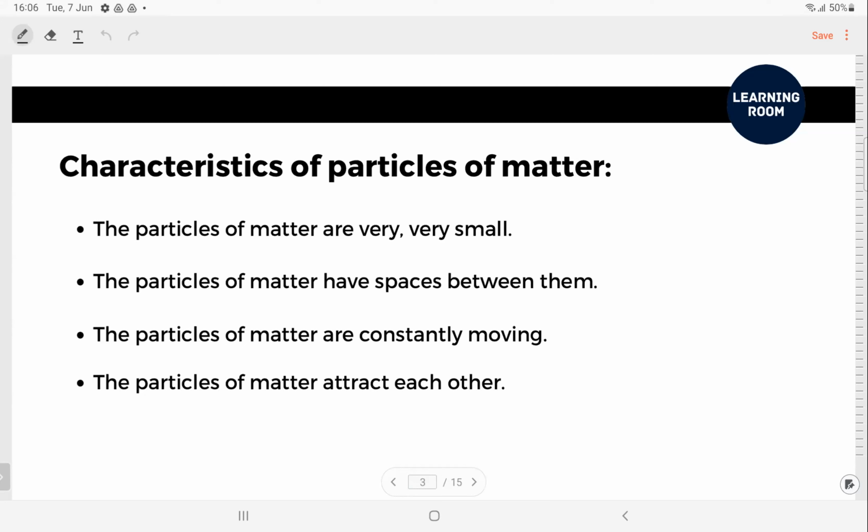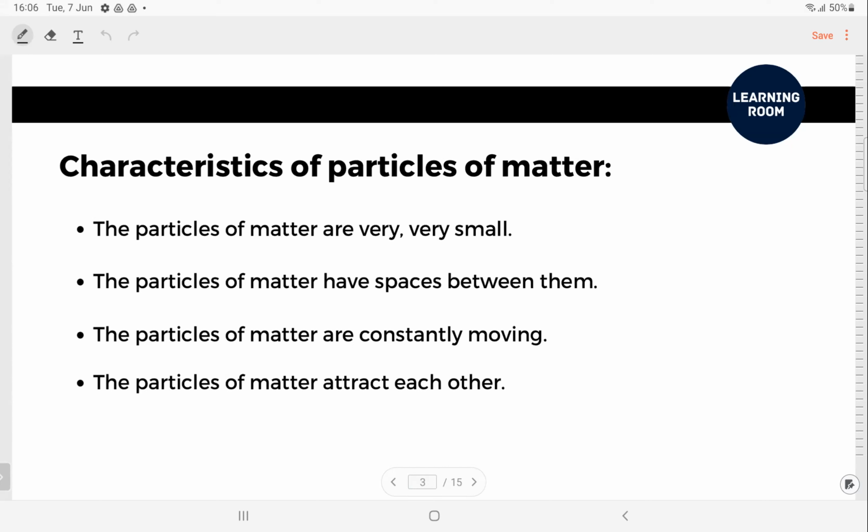If I take this much of a piece, millions and millions of particles will be there. If I break it again, even in the smaller piece millions and millions of particles will be there. You can't see them with your naked eye.